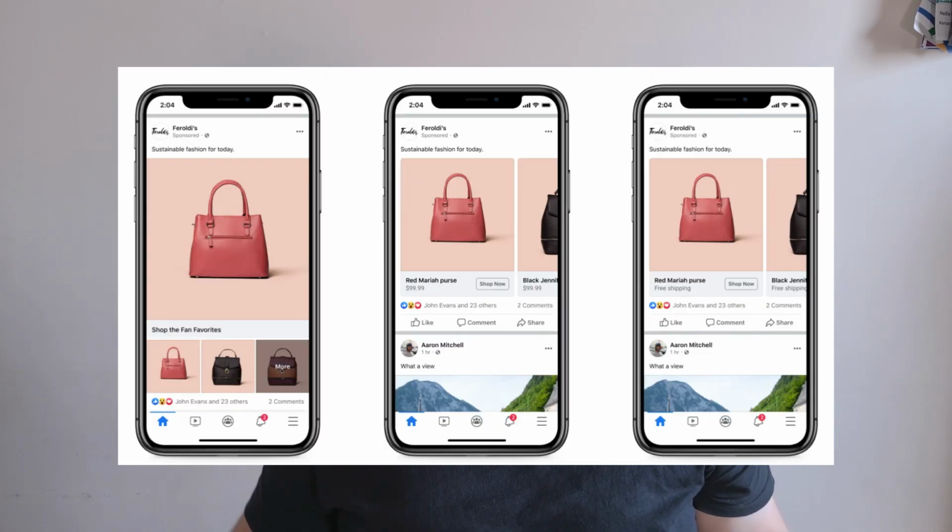They had two campaigns, one of them being a catalog ad campaign, meaning they were showing ads of products from their e-commerce catalog. So essentially just a kind of carousel with products stuck on a white background. And that was it. That was all that was running in that campaign.